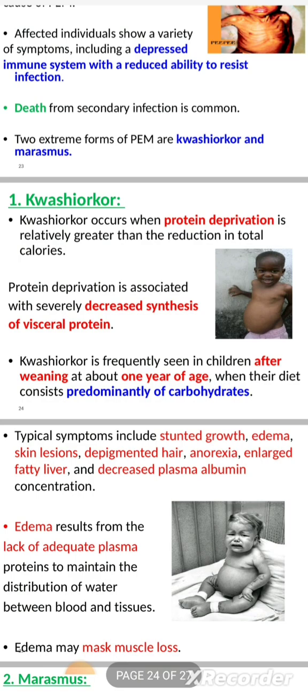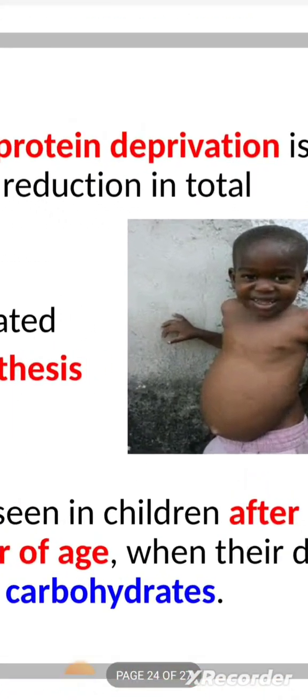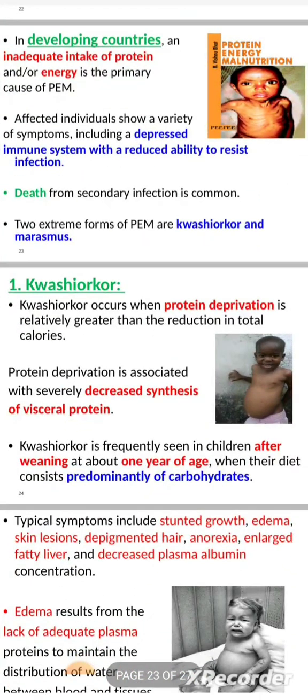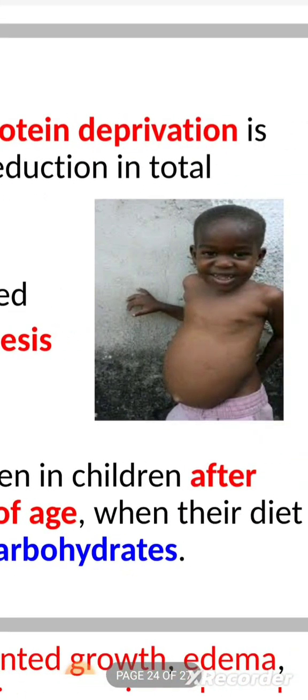We find in these children generally there is edema because of a decrease of plasma protein, the blood protein. Typical symptoms include stunted growth, edema, skin lesions, depigmented hair, anorexia, and an enlarged fatty liver.